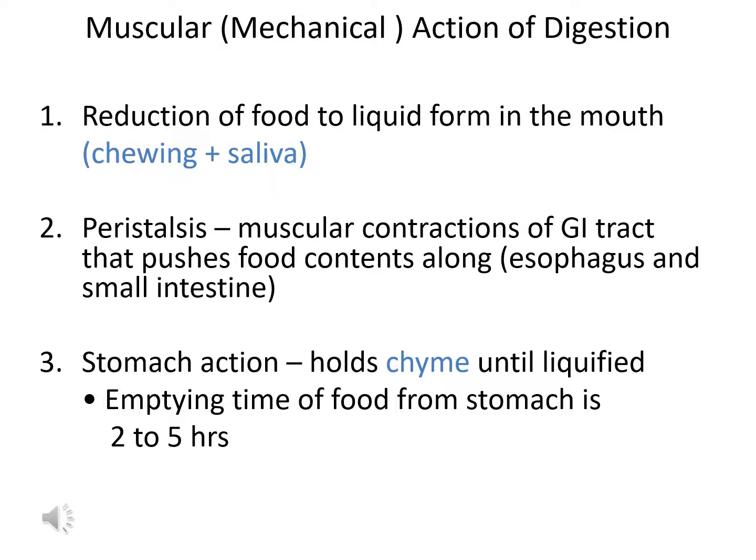The chyme, made up of obviously the different nutrients, can stay in the stomach anywhere from about 2 to 5 hours. And what determines the emptying time has to do with the proportion of the macronutrients, or the energy-yielding nutrients. How much carbohydrate is present, how much fat is present, or how much protein is present.